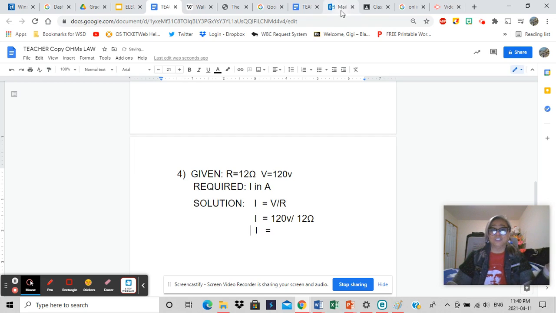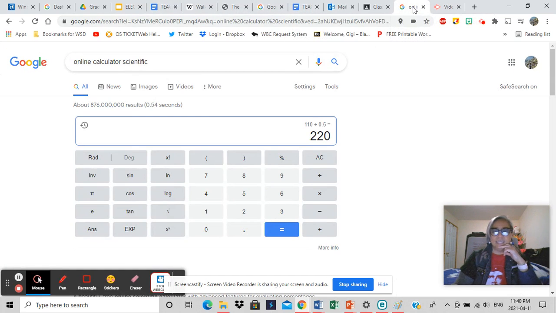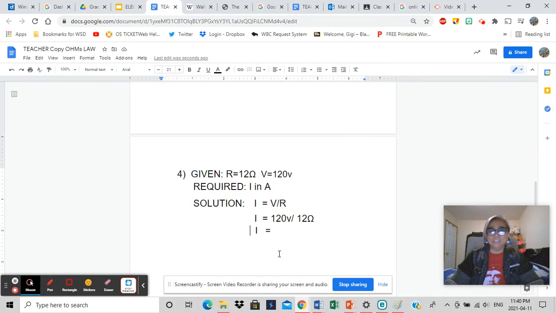But if you're not sure, you can always say 120 divided by 12 is of course what? 10. I know you know that. So you have 10 what? The unit is ampere.